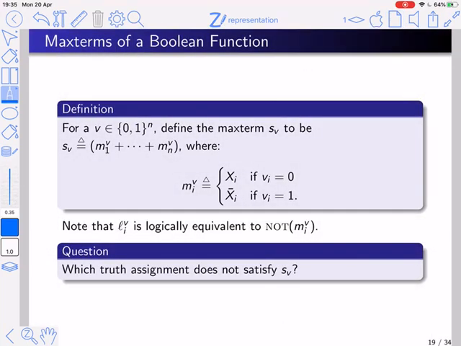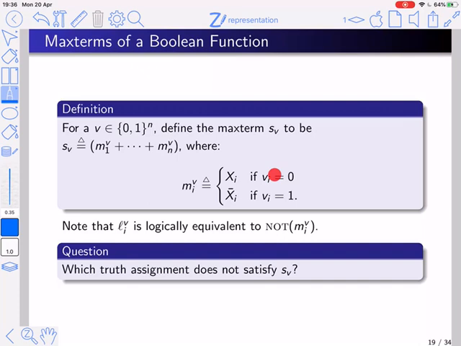Now, what I can do is I can map every binary string V to a max term, S of V. And S of V is the or of n literals. The n literals are denoted by M1 of V up to Mn of V. And here what I did is I flipped the decision.